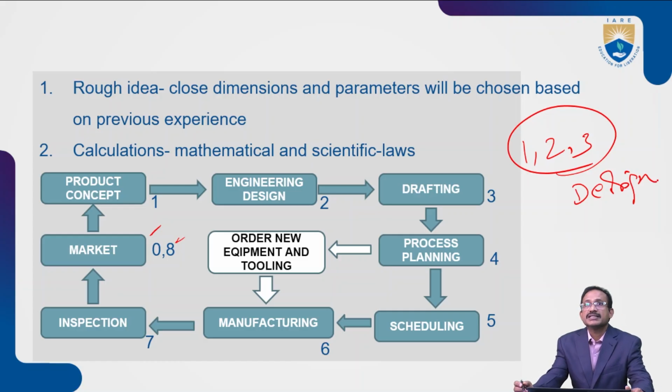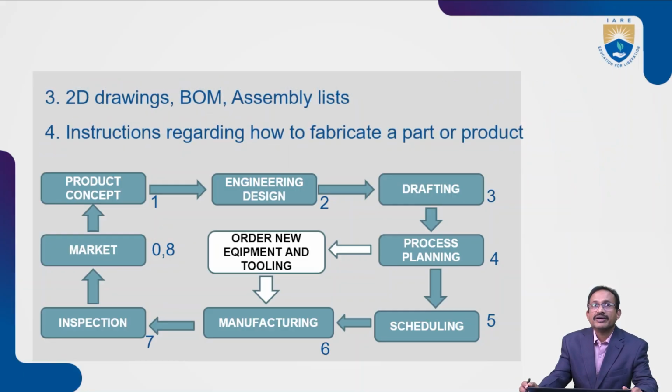But engineering design is exclusively related to mathematical calculations and scientific laws to find the exact values. However, drafting is also part of that design, where we have 2D drawings. Based on the design parameters and calculations, the 2D drawings will be generated. That is the output of the drafting department.